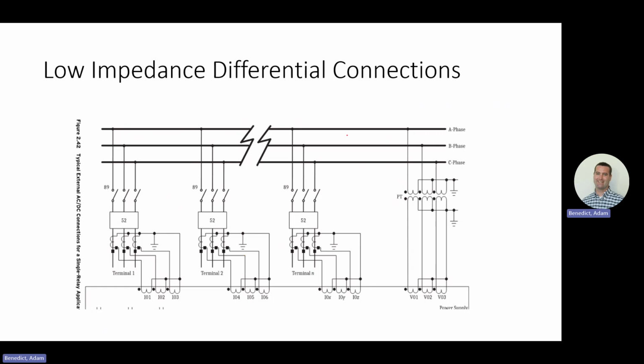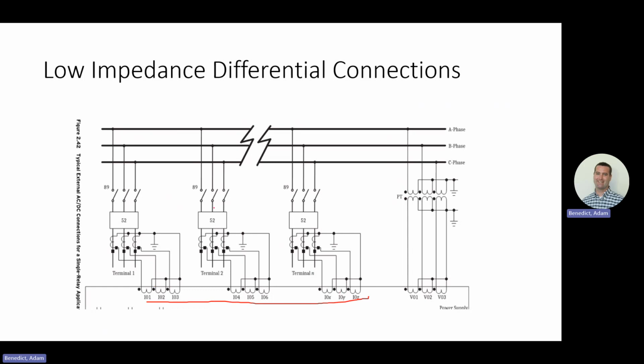The other type of differential, and this one's very common, definitely when it comes to transformer and bus as well, is the low impedance. And this is just wired as you would expect. You have a single connection from the CT into the CT input from each breaker. At this point, the limiting factor is how many inputs can I have, right?